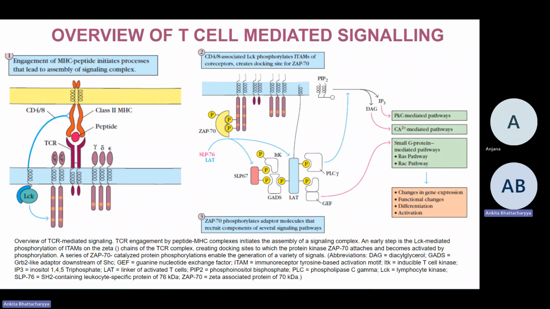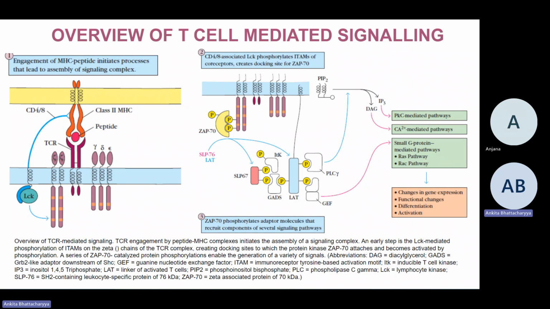This ZAP70 catalyzed protein phosphorylation then alters the downstream signaling cascades, including PKC or protein kinase C mediated pathways, calcium mediated pathways, and small G protein mediated RAS, RAF, RAC pathways. All of these are entirely downstream of this initial interaction.